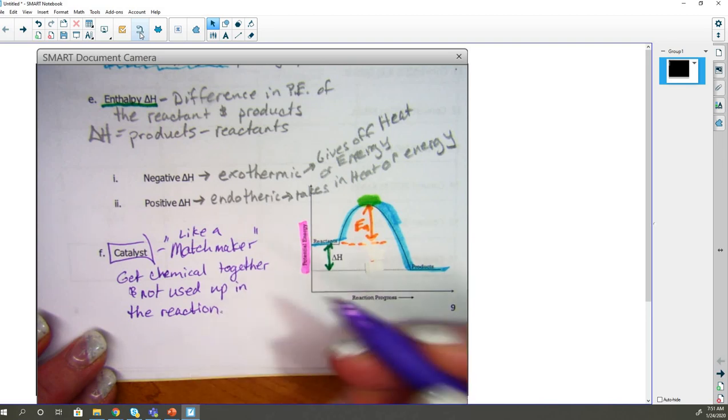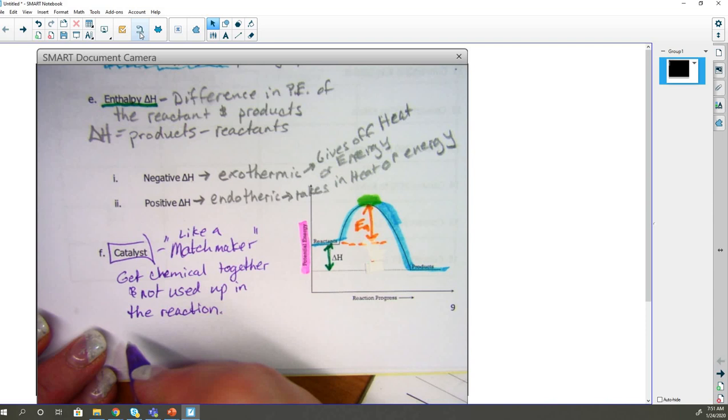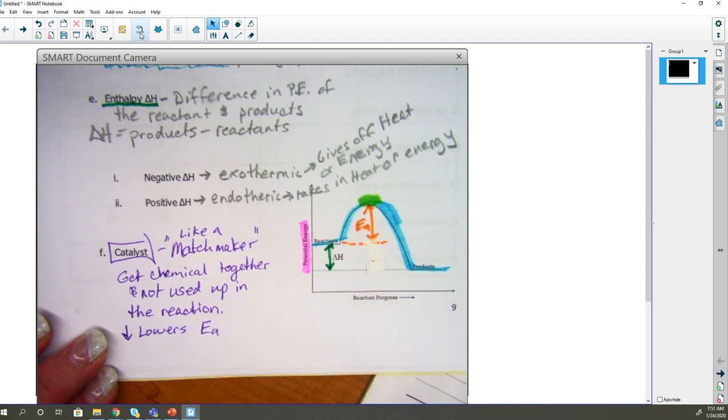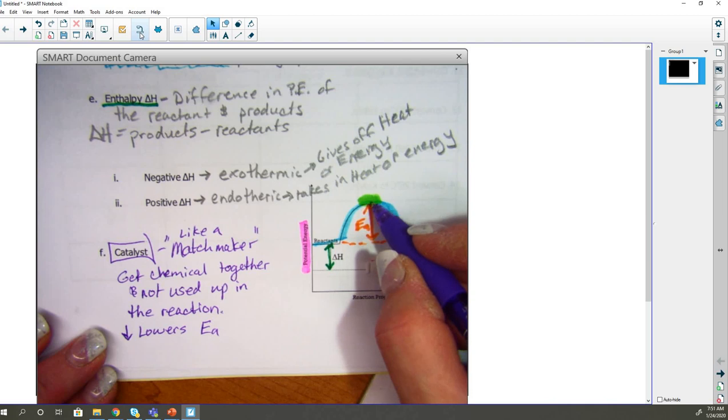So it can be used over and over and over again. What that means is it lowers the activation energy.